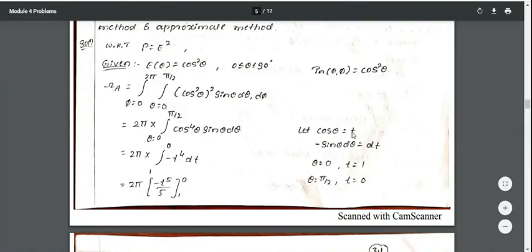Cos theta is equal to t, minus sin theta d theta is equal to dt. If we put theta is equal to 0, t is equal to 1 will come here. If we put theta is equal to pi by 2, t is equal to 0 will come.